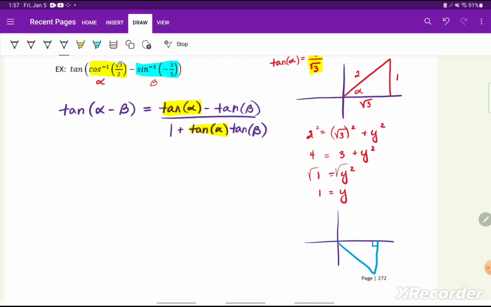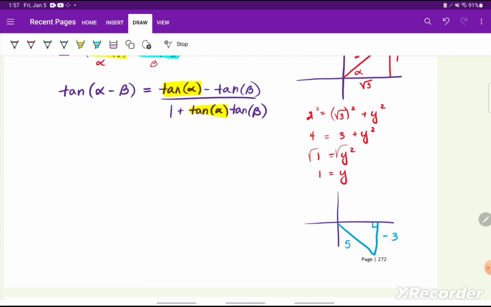Sine is opposite over hypotenuse. So we're going to have our opposite side and our hypotenuse, and we'll do Pythagorean theorem to find that x side. We've got 5 squared equals x squared plus negative 3 squared.